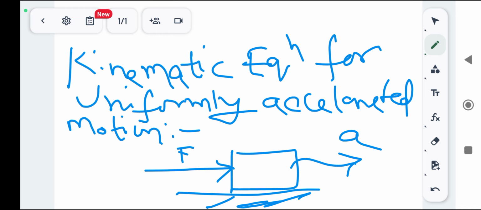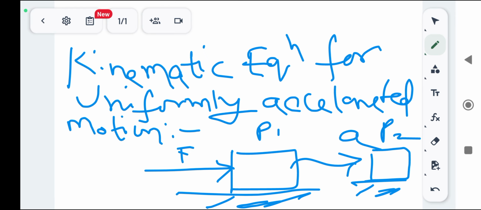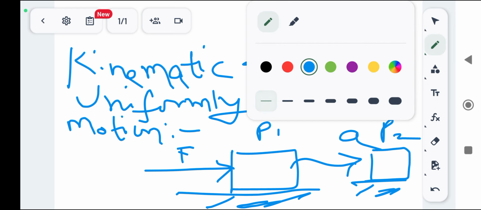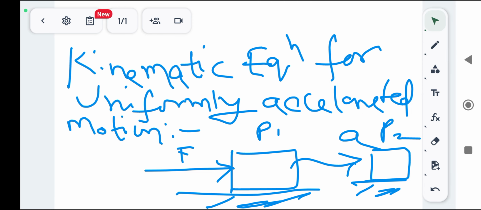So when force is applied on the object, it has changed its position from P1 to P2. This position is P2. And this distance is x.